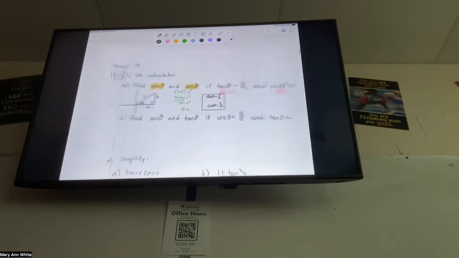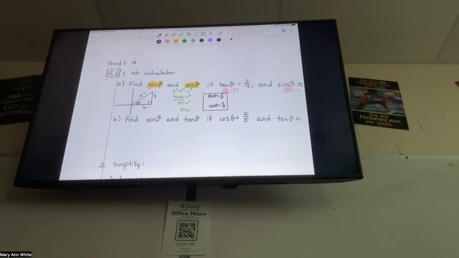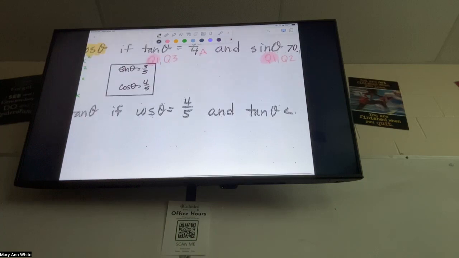Okay, the next problem is super similar, and I think you can do that mostly on your own. The one thing I do want to add is it looks like it got cut off again. It should be tangent of theta is less than 0.